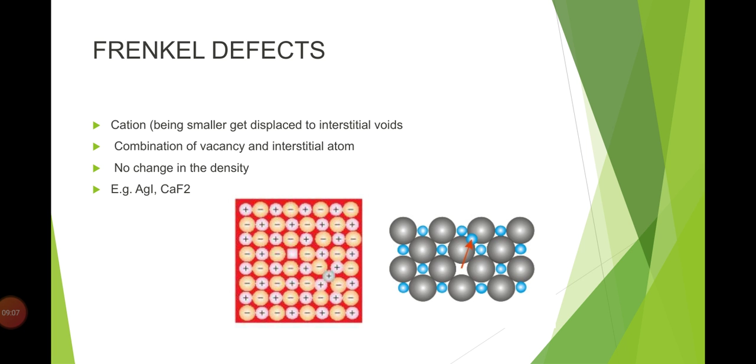Conduction of electricity will occur when one ion goes to the place of another, so the ions repel each other and the dielectric properties increase. While in Schottky defect, the dielectric property stays the same because both ions are close to each other. So there will be no change in the density or mass in the Frenkel defects.